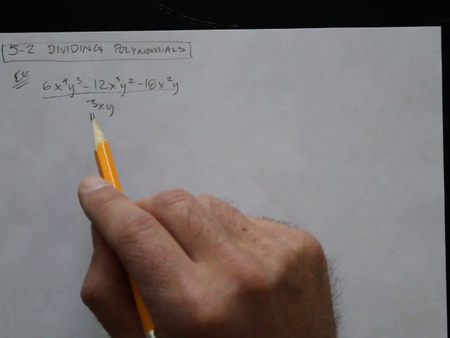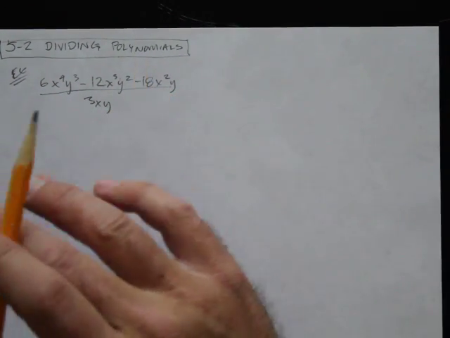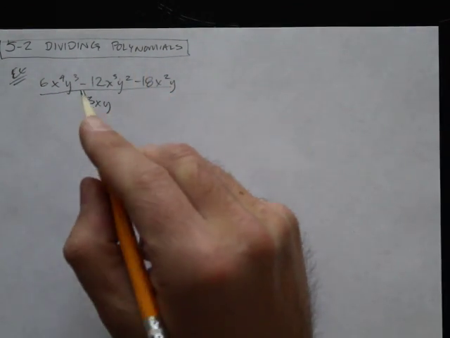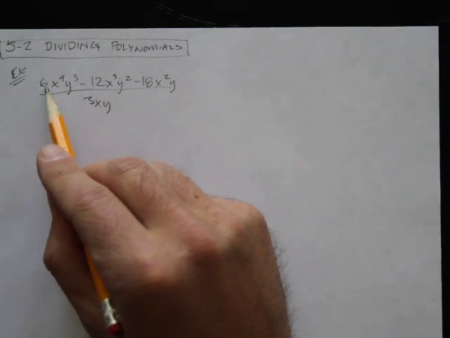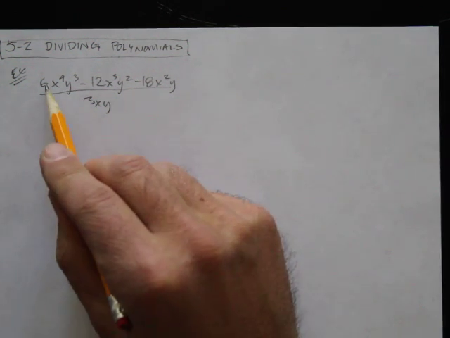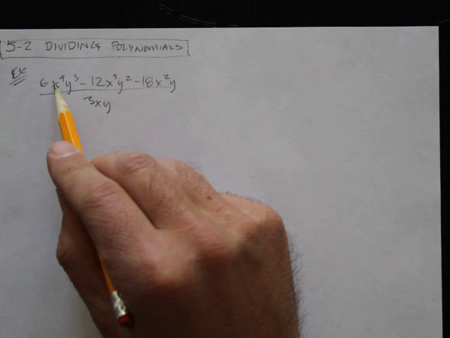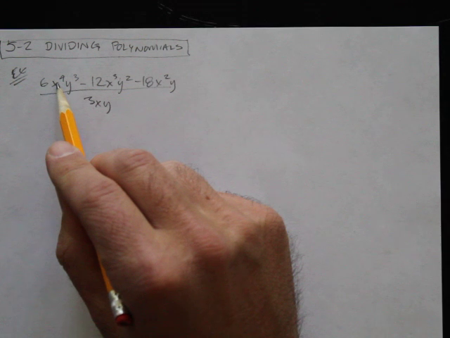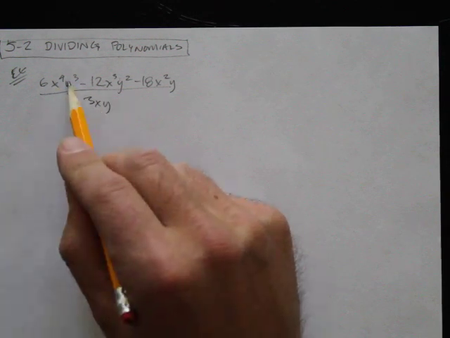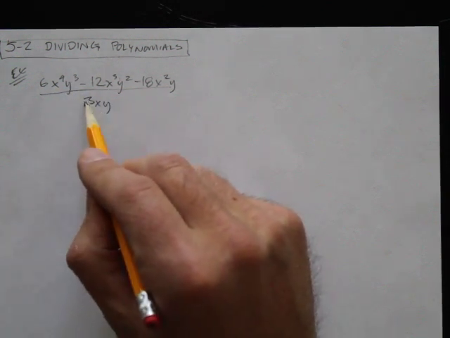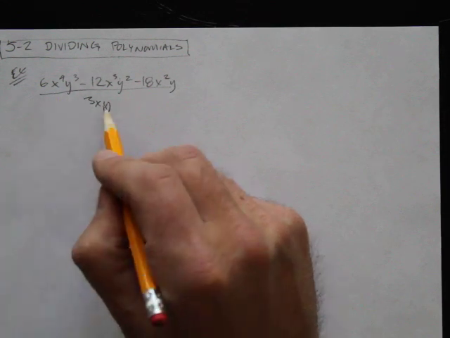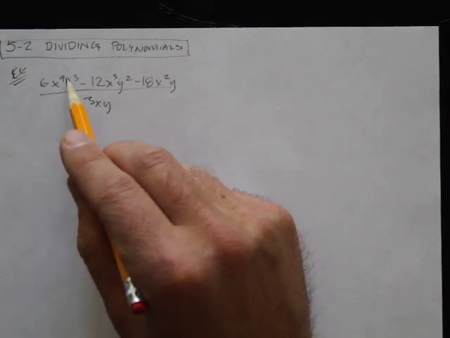That doesn't make a whole lot of sense the way I say it, but let's work it out. In this term, I have 3 times 2 is 6, x to the fourth, and a y. So all of these can be divided out of this one.